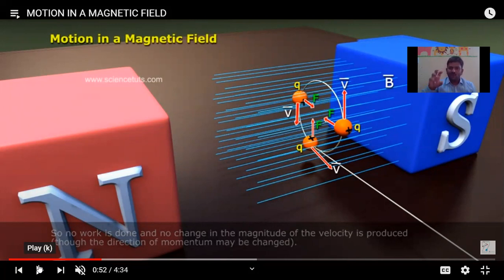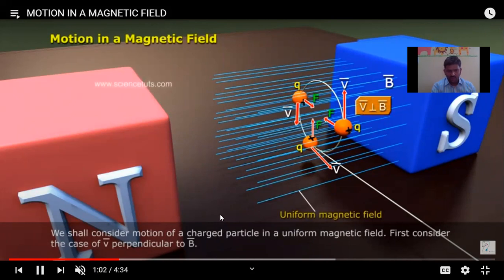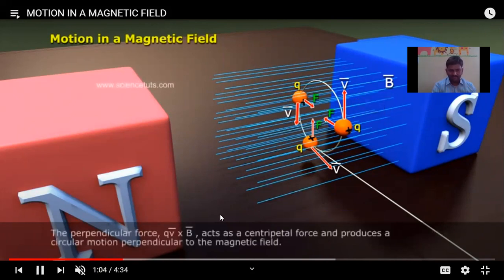That means the force gained by this charged particle in this magnetic field is converting its motion into a circular path. That means it is giving the required centripetal force to the charged particle. It will not do any work. Okay, this is how circular motion is going on in the uniform magnetic field.